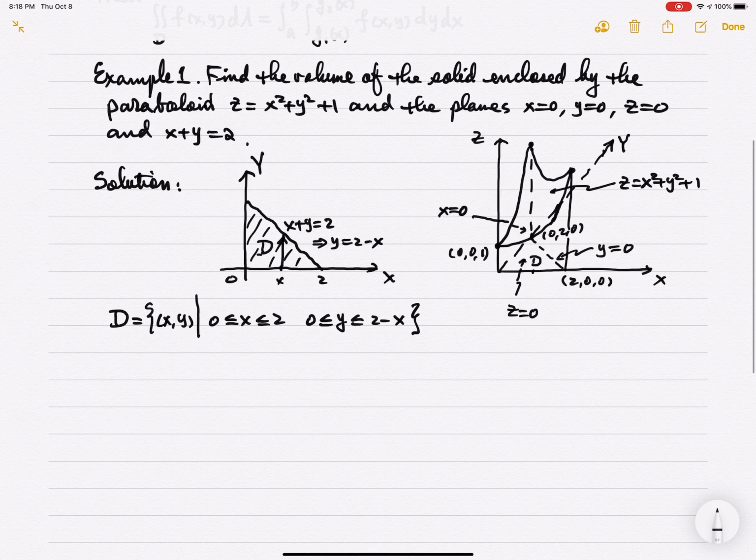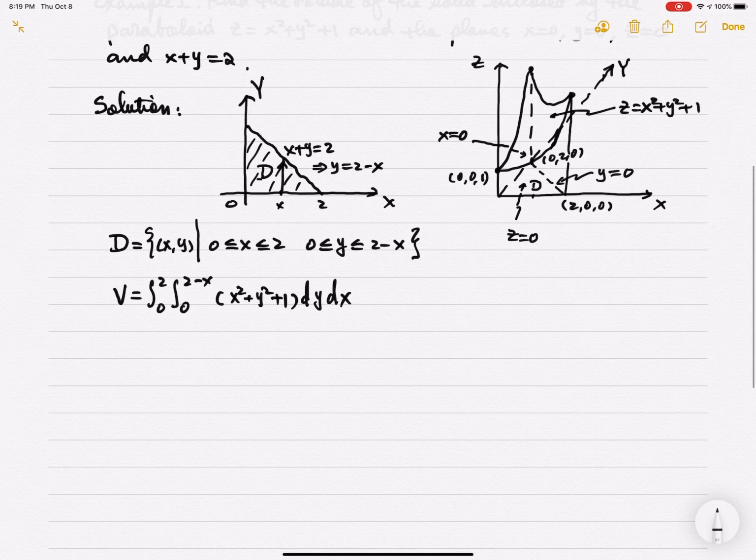Okay, so it's like this. When we set up the integration, the volume is equal to the integral from 0 to 2, and 0 to 2 minus x, of x squared plus y squared plus 1, dy dx. Now this is easy to integrate.